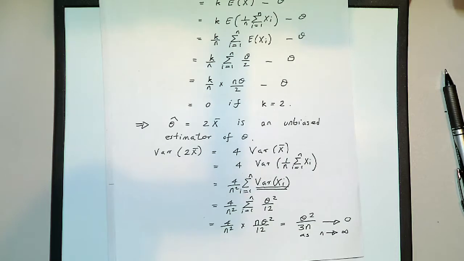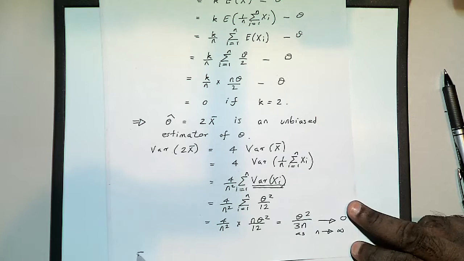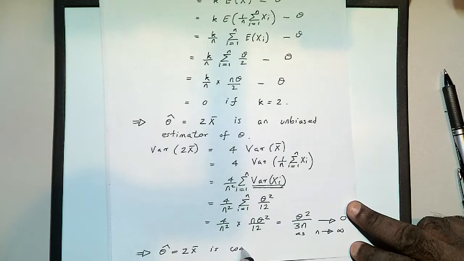So what we can say is that this estimator, apart from being an unbiased estimator, is also a consistent estimator. So this implies that theta hat equal to 2 times X bar is consistent.